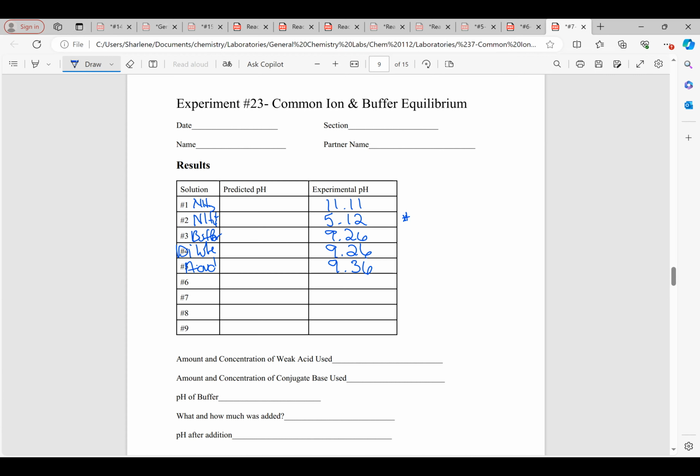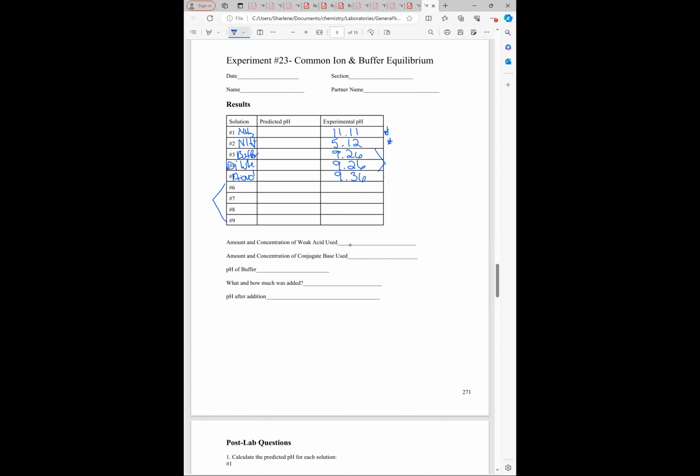Excellent. Okay. So those 2, we did them in the previous. We did them again. Hopefully it didn't change. But then the others, the buffers, we did make. Those 2 should not change because that's just a dilution. And then this one is our acid. And then I'm actually going to let you do those just to make sure you can do it without me.